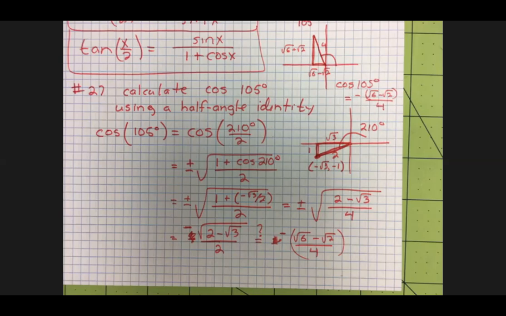Let me type this in the calculator and show you that. 2 minus the square root of 3. Nope, I forgot the square root. Square root of 2 minus square root of 3, divided by 2.